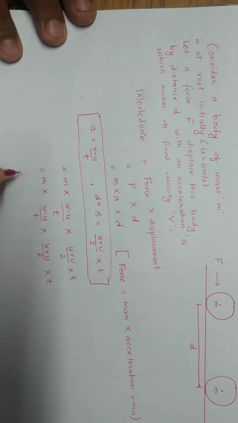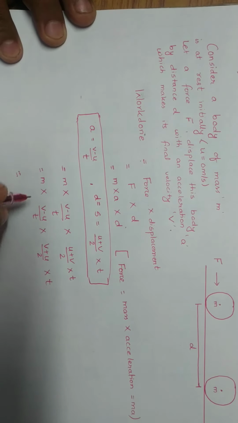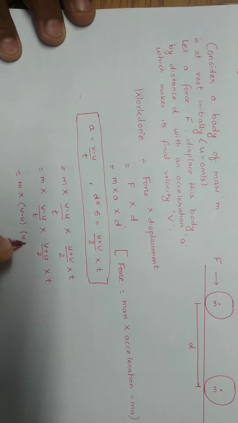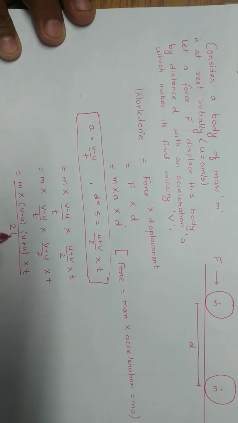So since this is multiplication, we can multiply the upper part. m into v minus u, v plus u into t divided by 2t. As you can see, t is cancelled now.